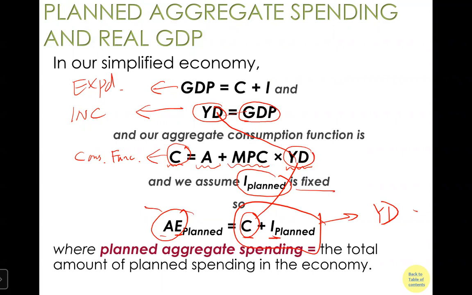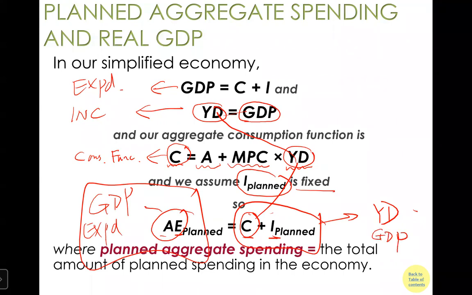On the left-hand side, aggregate expenditure is essentially GDP, as you look at GDP through the lens of expenditure. On the right-hand side, you decompose this expenditure, but it depends on disposable income, and the disposable income is also GDP, right? So now we end up with this equation here.